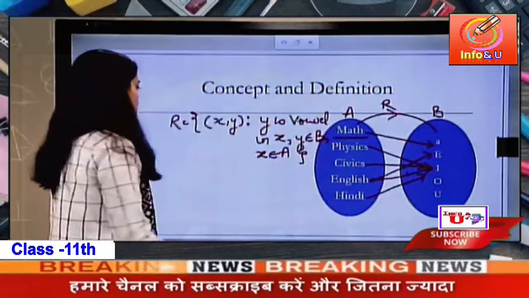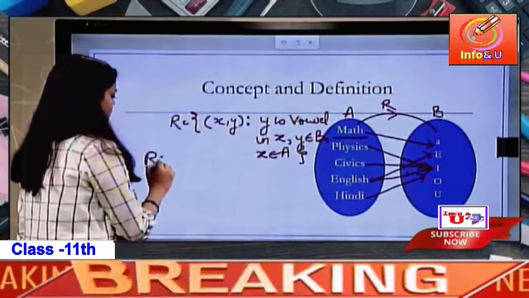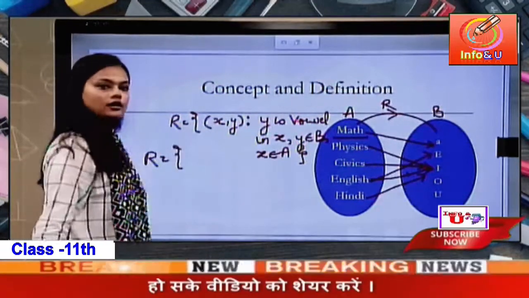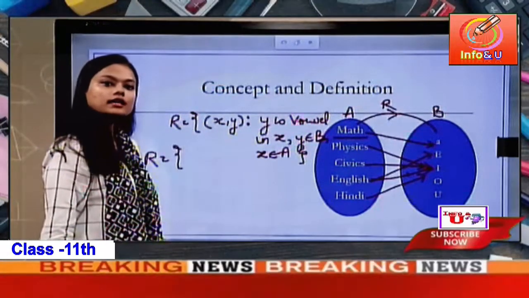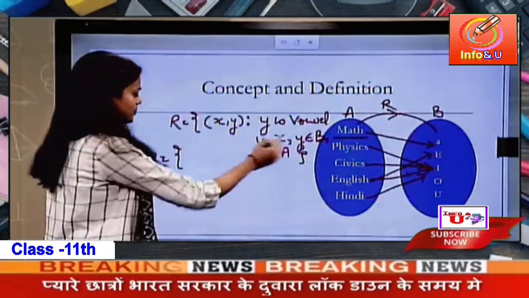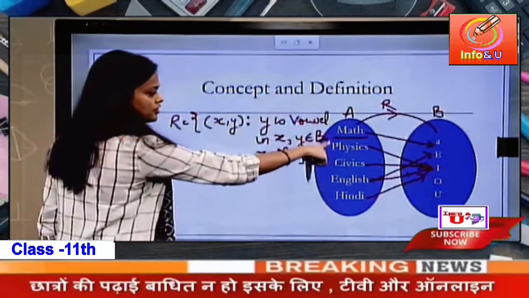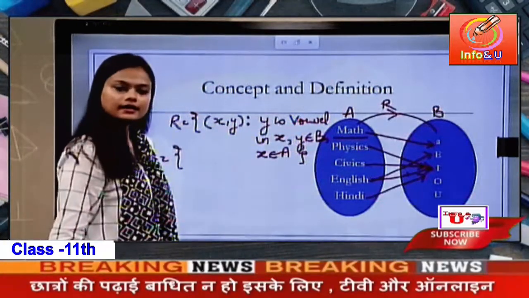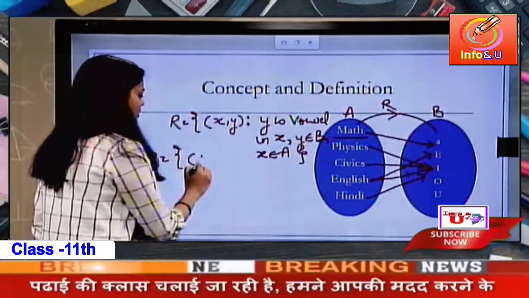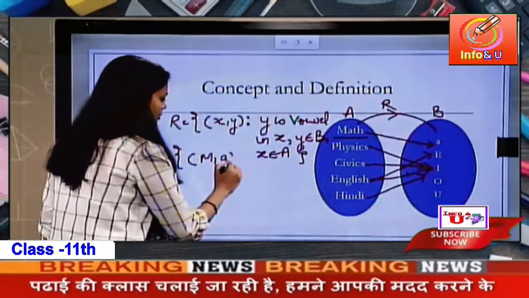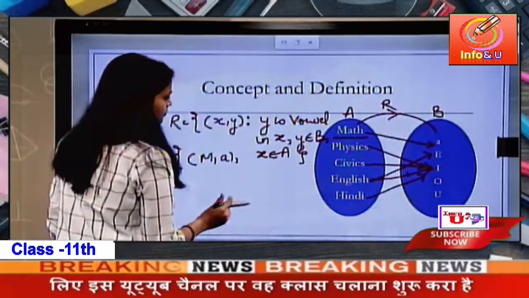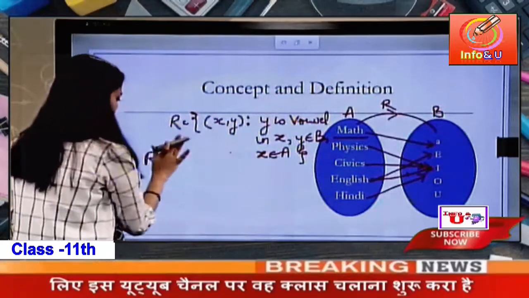Okay. So what we can say? R is having how many elements? Let us first write them out. So I am using the first letter for representing each subject. M, A. Okay, let me write over here.